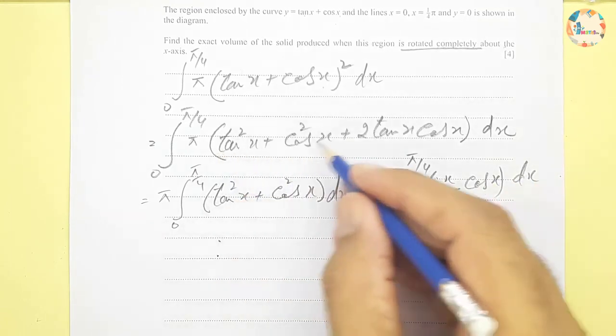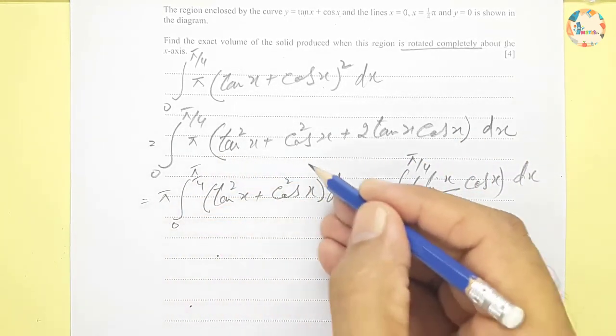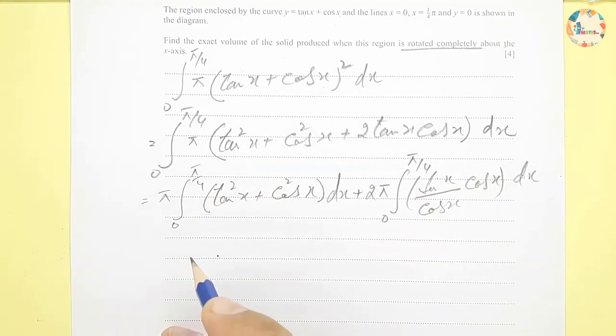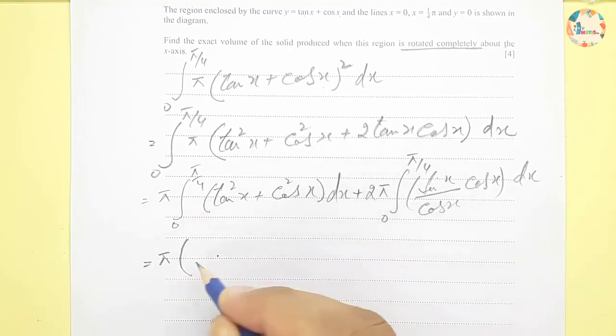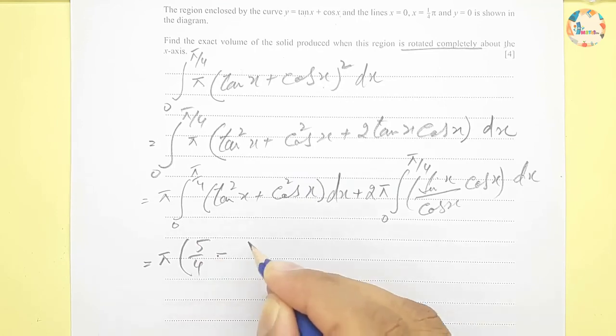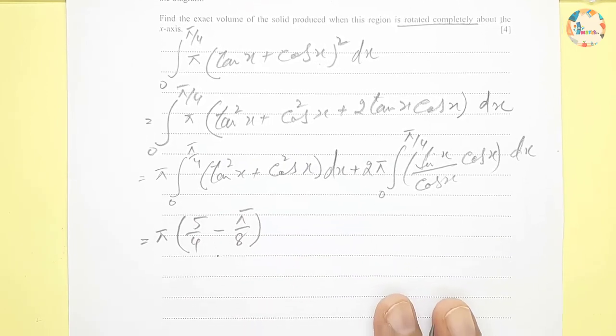So I have separated the integral for these two, and the integration for this one we have calculated in the previous part, which is A part. So that one I will directly copy, and the answer to this integral we got was 5 by 4 minus pi by 8.